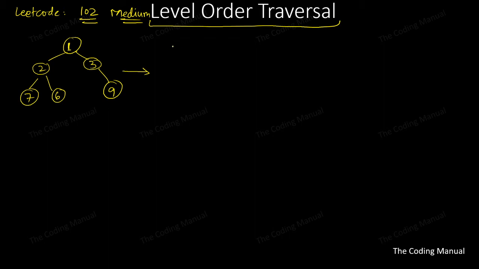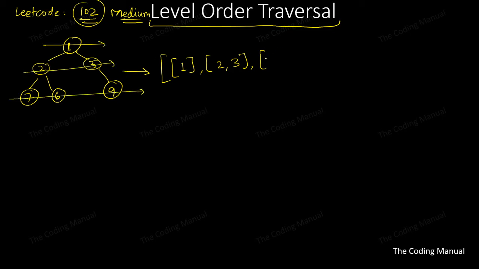What we have to return in this question, we will look at the question soon, is a list of lists in level order. In the first level we have 1, in the second level we have 2 3, and in the third level we have 7 6 9. So this we have to return.